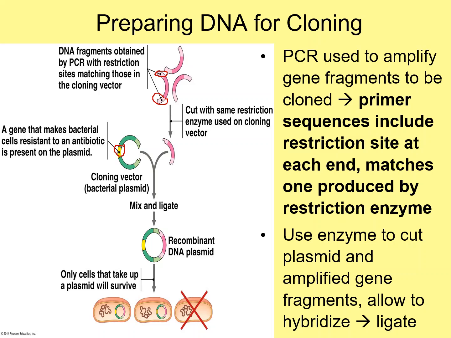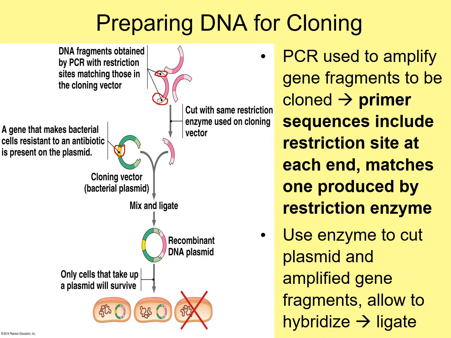We basically plate the colony on a field that has a specific antibiotic in it, and therefore only the ones that took up the plasmid and have the gene for antibiotic resistance will survive.